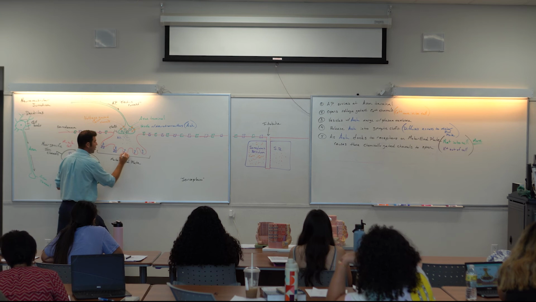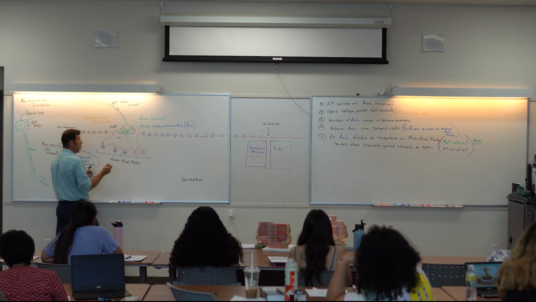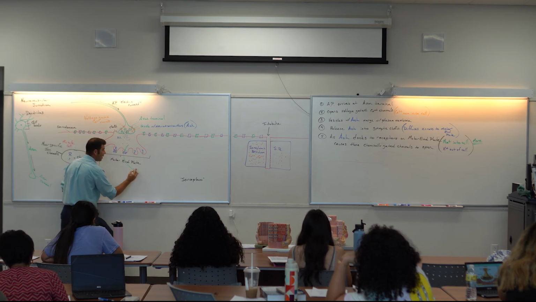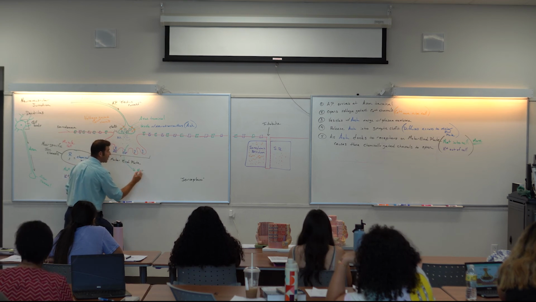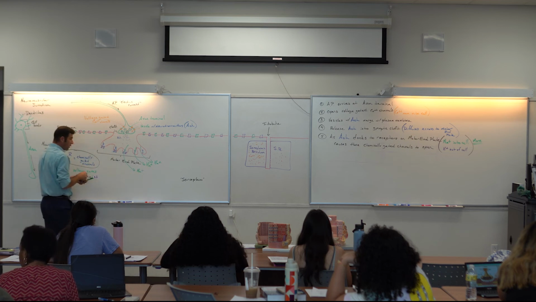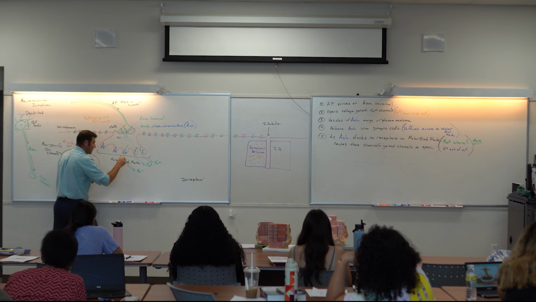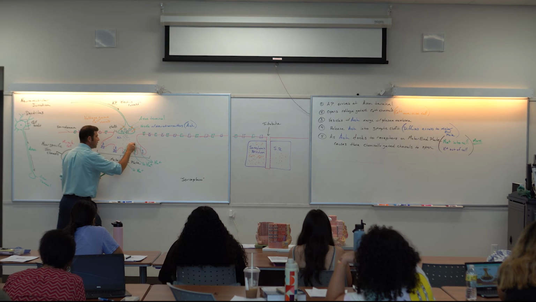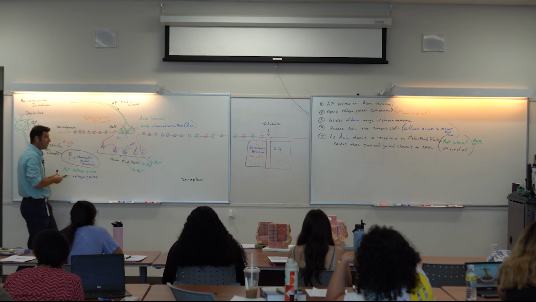When these channels have opened up, as long as that chemical signal is there, these gates are going to be open. That allows sodium ions to move into the cell, carrying their positive charge with it. And it is true that there may be a potassium ion that leaves, but we're going to have more sodium come in than potassium come out.